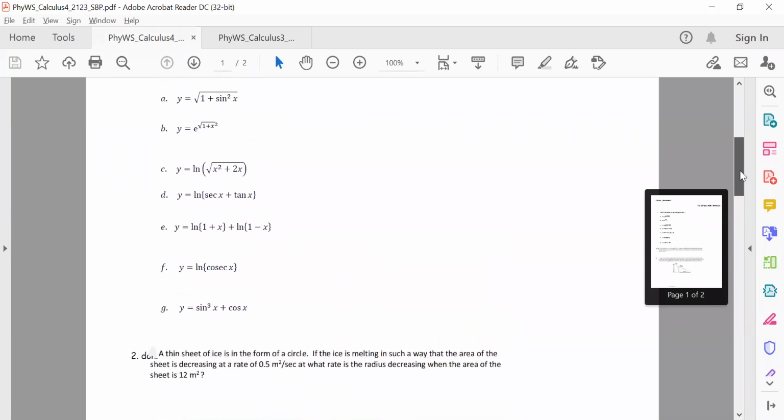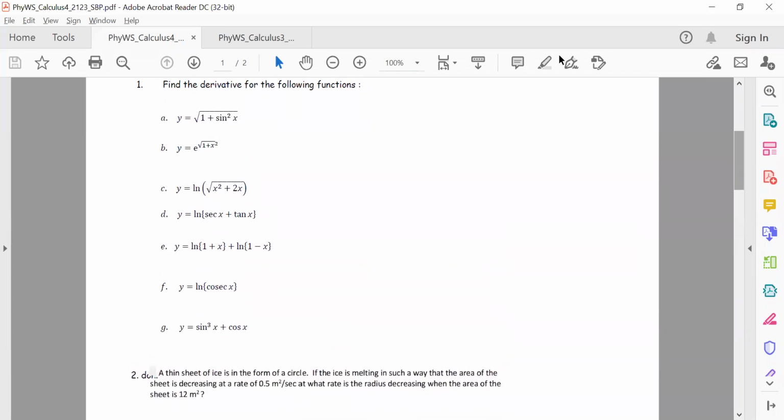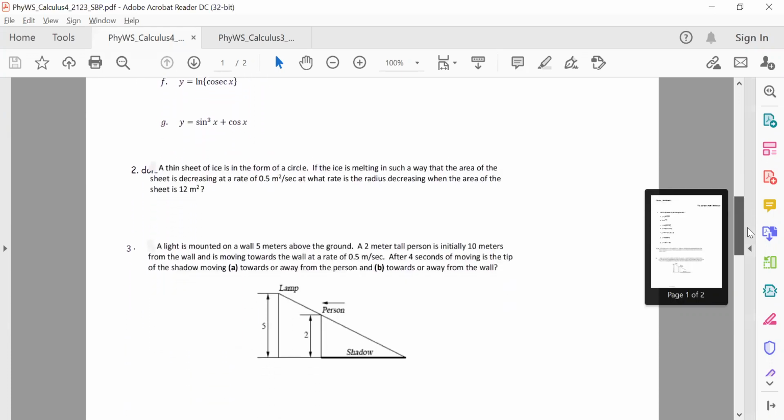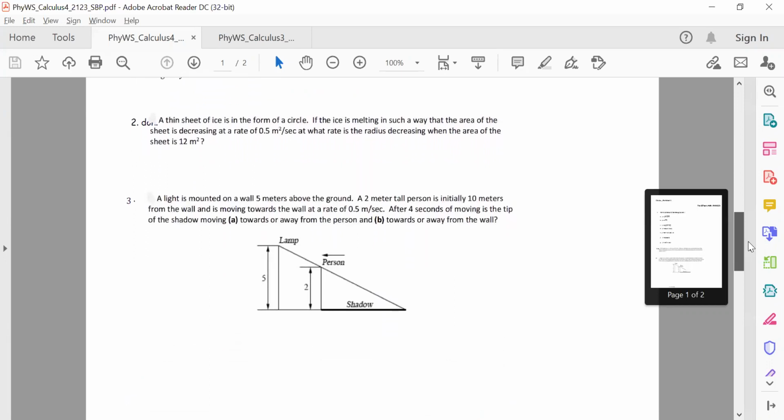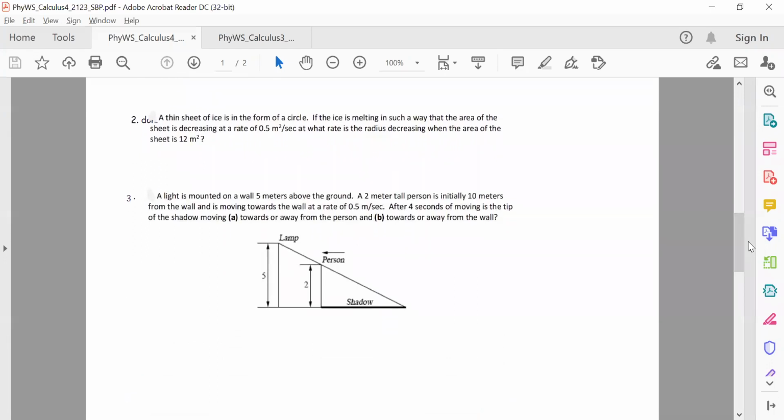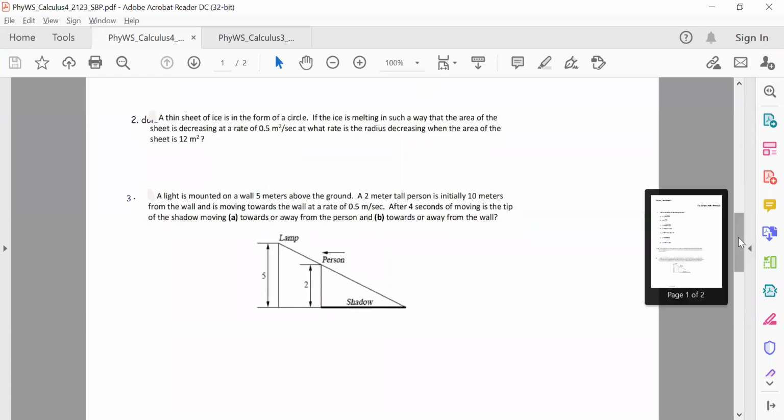Or if there's any other part of question 1 someone wants to discuss, please let me know. Okay, let's come to question 2 and 3 then. Anyone has a doubt in question 2? Okay, what about question 3?